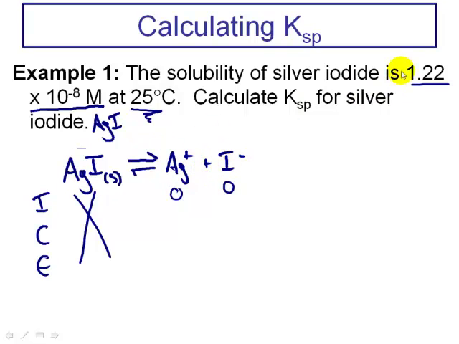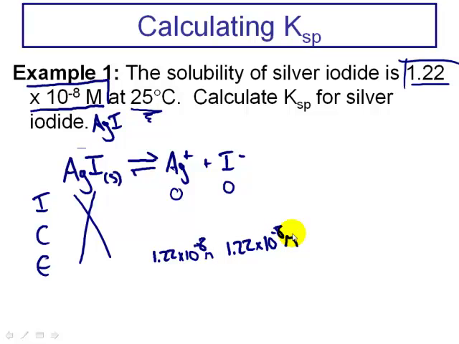So if this is the solubility, the amount of silver iodide that dissolves, that tells you that the equilibrium concentration of silver ions is likewise going to be 1.22 times 10 to the minus 8th power molar, as is the concentration of iodide ions. That will also be 1.22 times 10 to the minus 8th power molar.